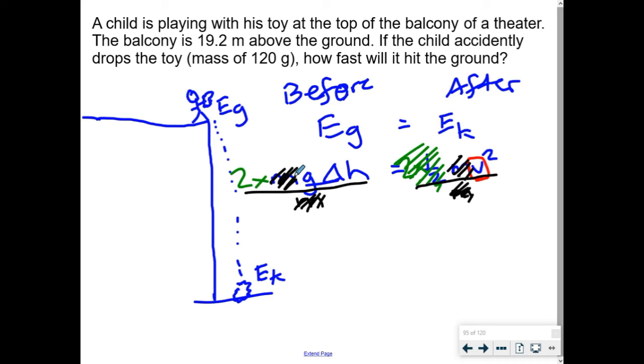Theory back in the 1700s that mass didn't affect gravity.